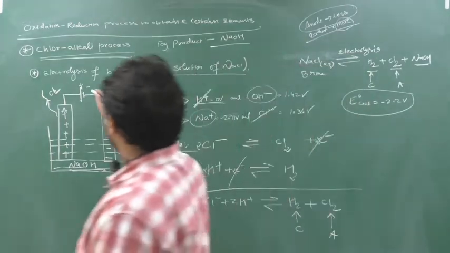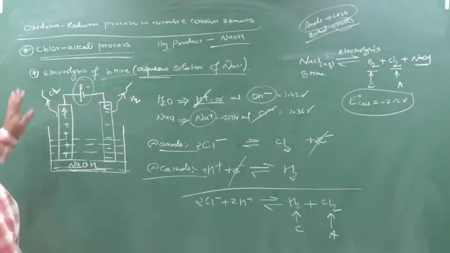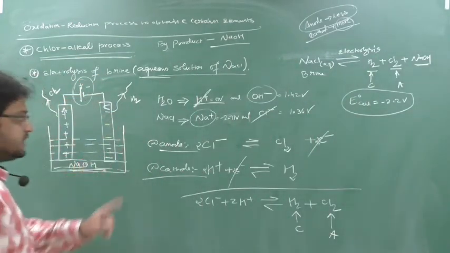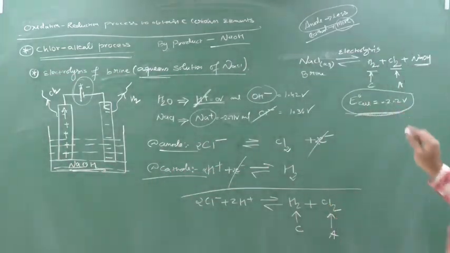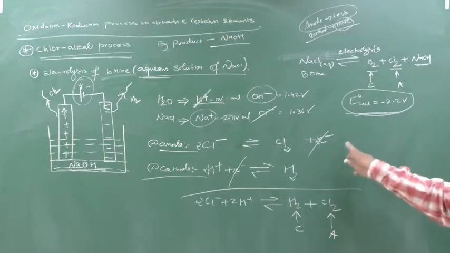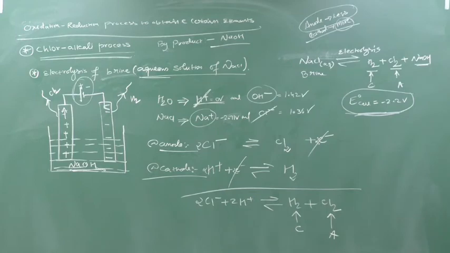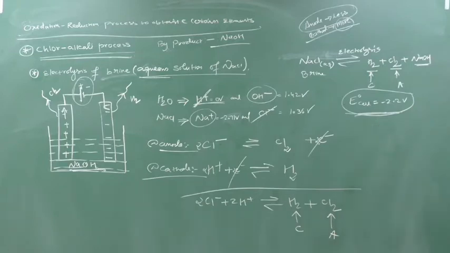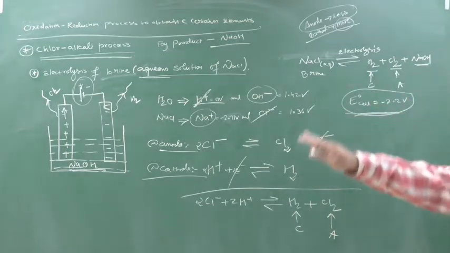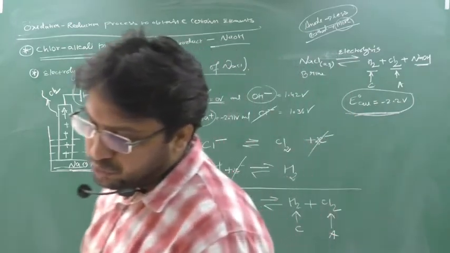So this whole reaction, if I calculate E0 cell for this and E0 cell for this, the net answer I am getting is minus 2.2 volt nearly. This is a practically assumed value. So I got E0 cell practically for this whole process to be minus 2.2 volt.